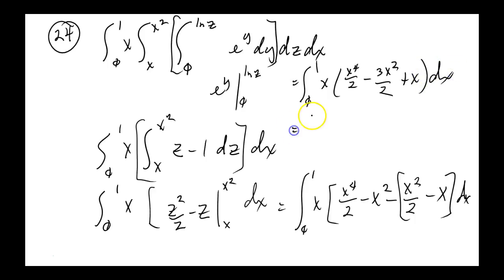And this would be integral from 0 to 1 of x to the 5th over 2, minus 3x cubed over 2, plus x squared. Now we integrate.